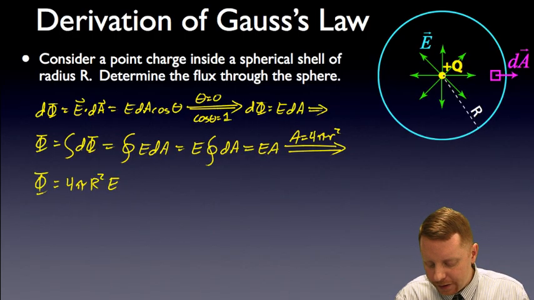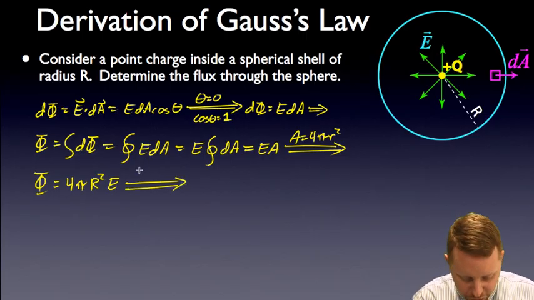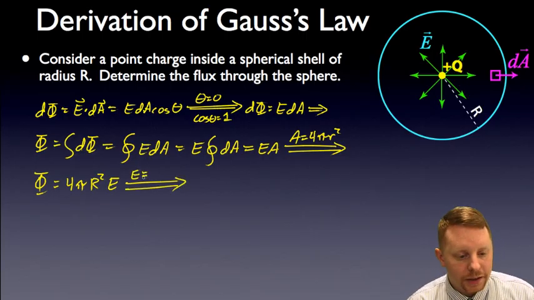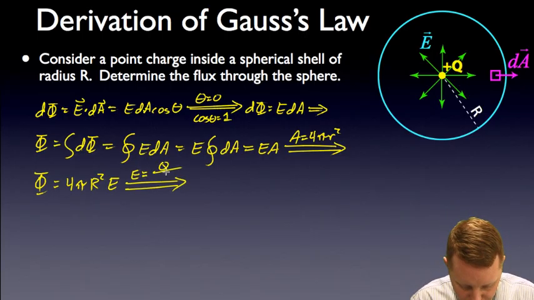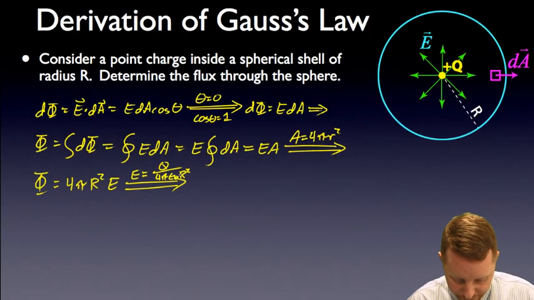We also know the electric field due to that point charge, though. The electric field due to a point charge, we learned previously, is going to be Q over 4 pi epsilon naught r squared.